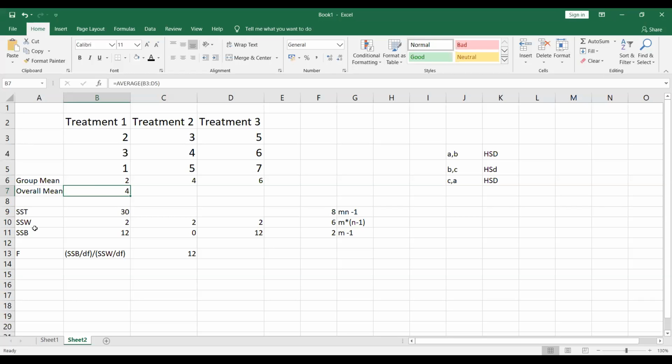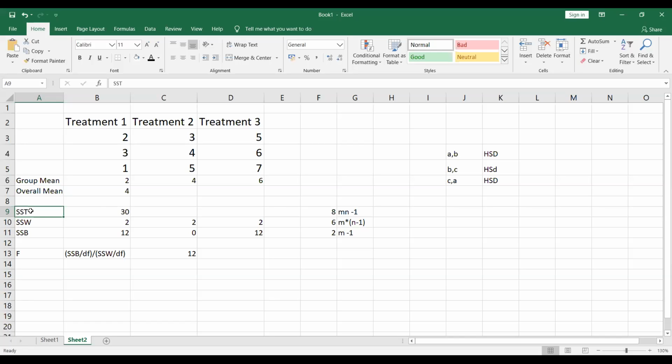Now there is a term called total sum of squares, or SST. So what is SST? SST is the total error: the sum of squared differences between the observed value and the overall mean value.